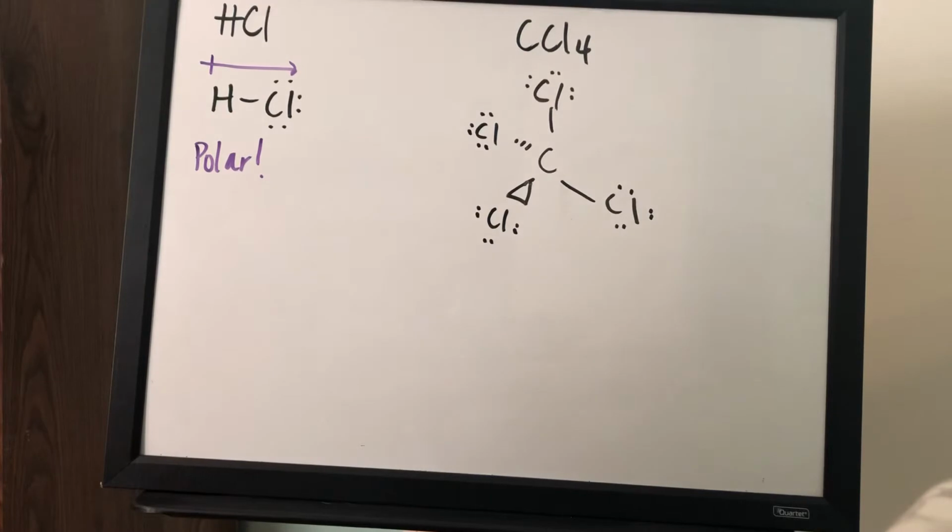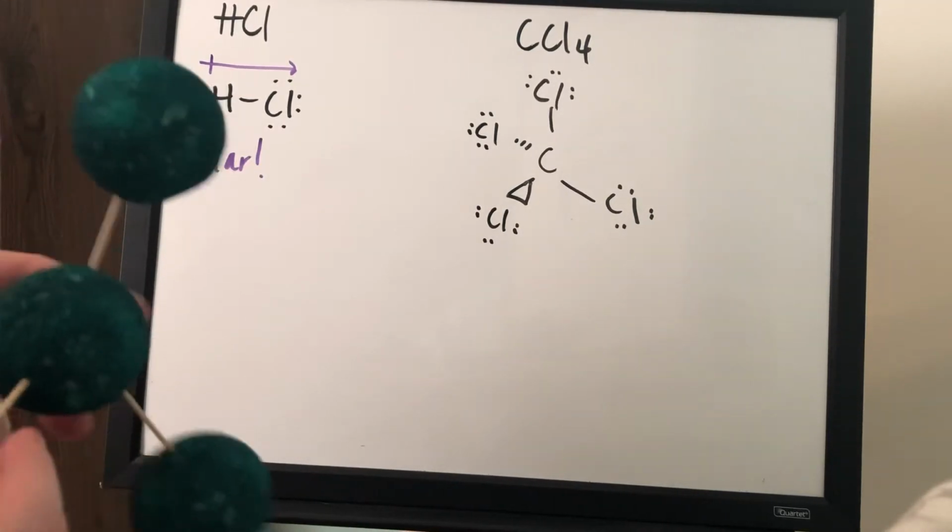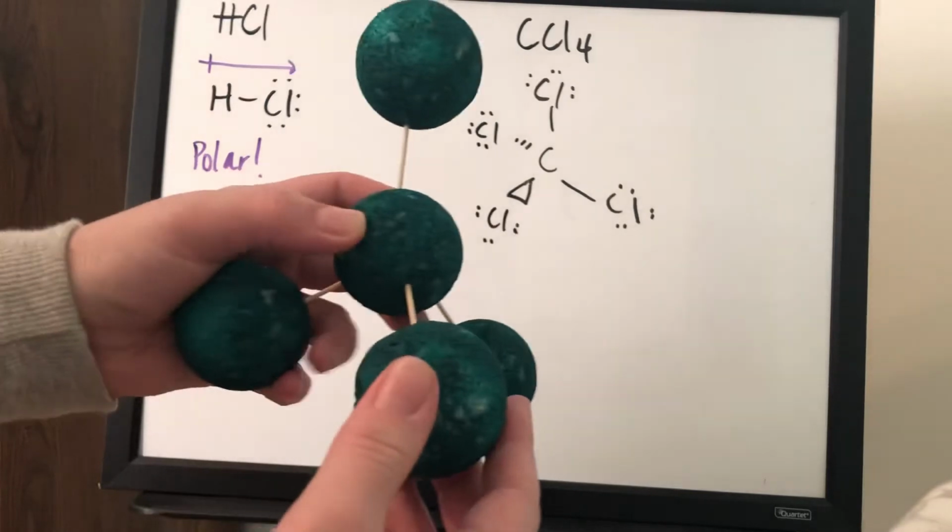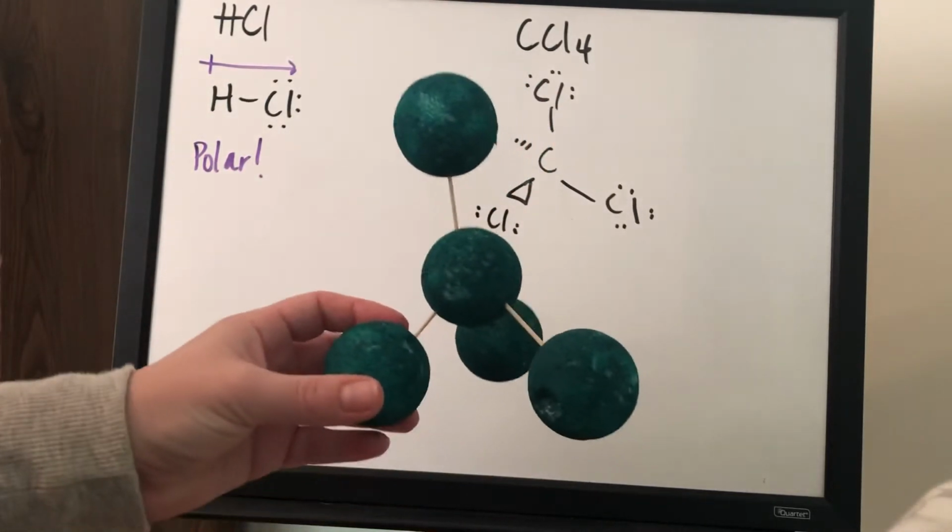Okay, so here it is. And this one's a little bit challenging, so I'm going to build you a model. Okay, so here's my tetrahedral shape. I know that carbon is my central atom.